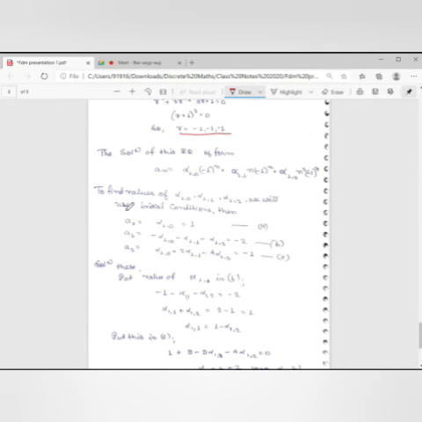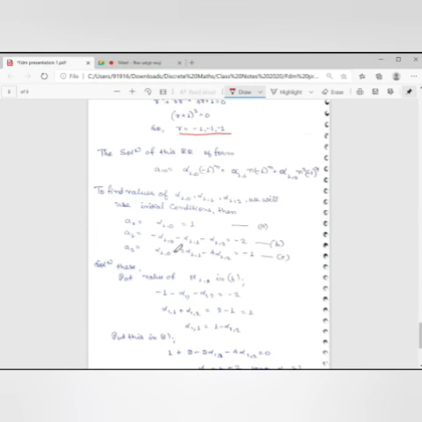So with the help of the initial conditions, we can find the values of alpha 1,0, alpha 1,1 and alpha 1,2. Putting n = 0, we get a0 = alpha 1,0, and it is 1, as given in the question. Similarly, a1 = -alpha 1,0 - alpha 1,1 - alpha 1,2 = -2.